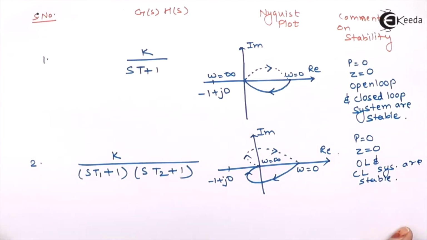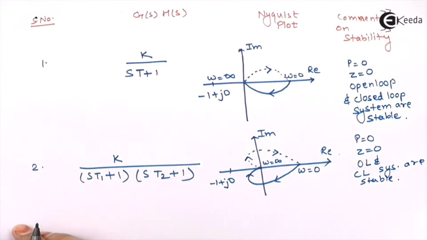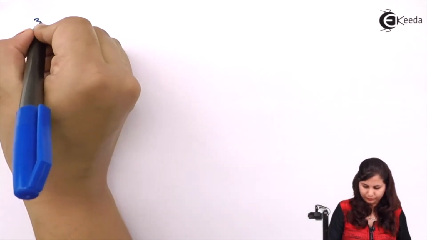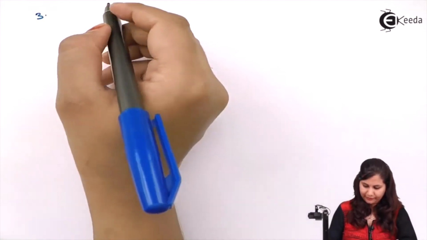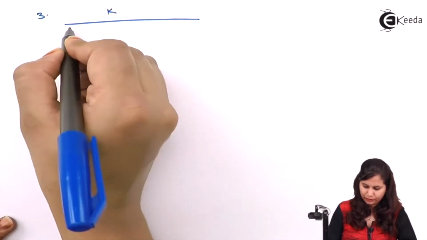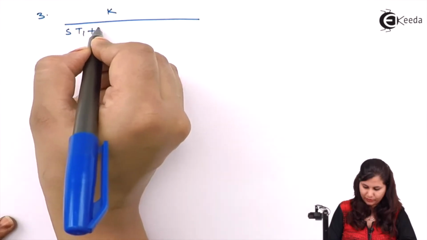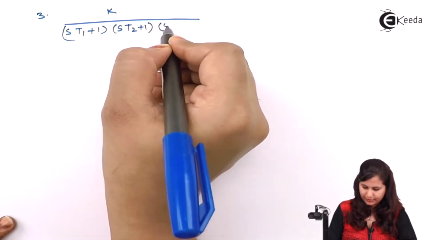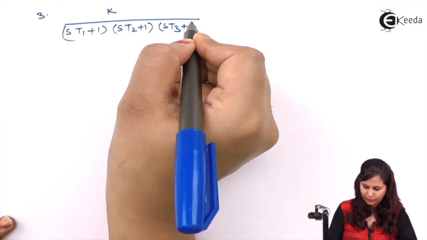Okay. Now the third transfer function. Here we just add another pole: (sT1 plus 1), (sT2 plus 1), and (sT3 plus 1).